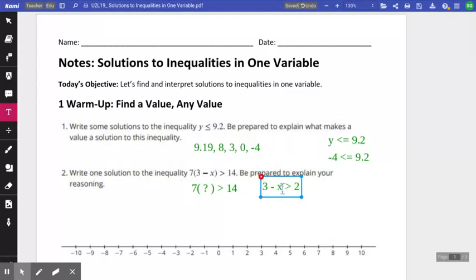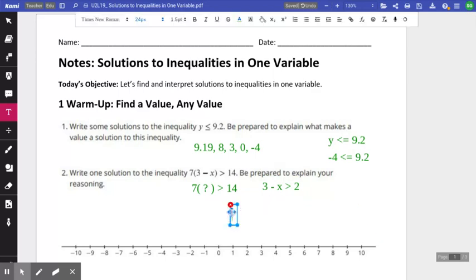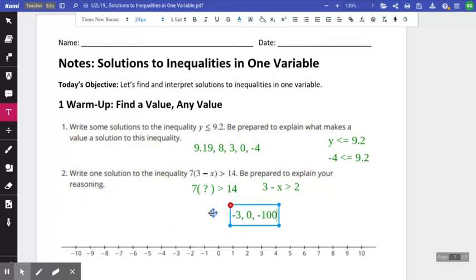When you're thinking about numbers that x could be, we could have put numbers like something like -3. You could use the number 0, a really large negative number like -100. Those all are possible values for x.